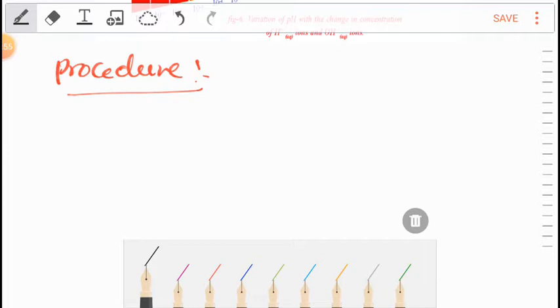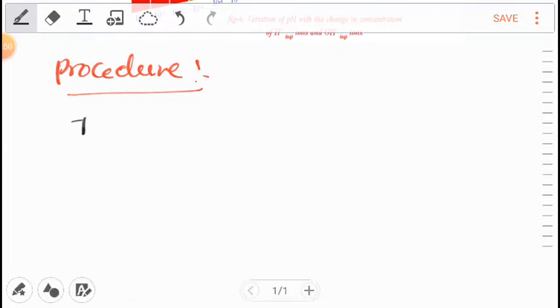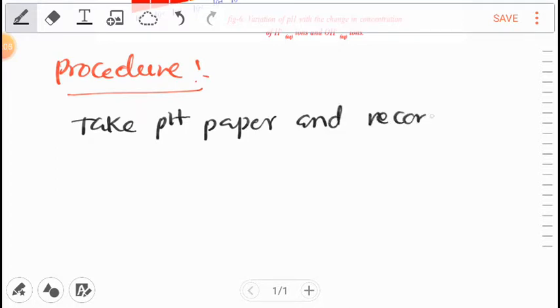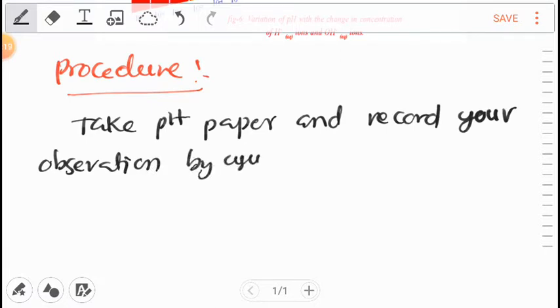I will give the table, and based on the table you're going to write the result. Take pH paper and record your observation by using the following chemicals.